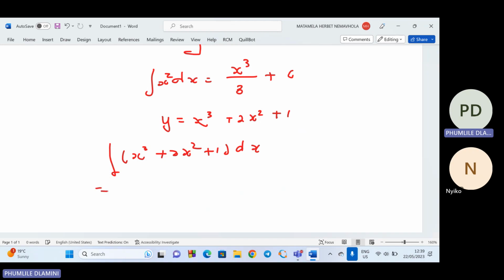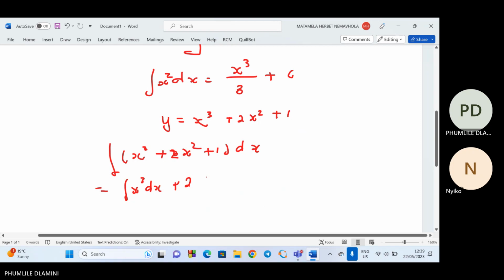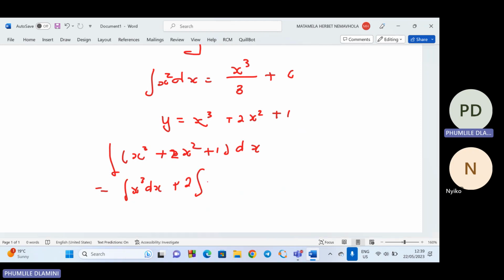You can start with the integral of x cubed dx. Then this 2 can go out of the integral, so we write 2 times the integral of x squared dx. And then plus the integral of dx like that.